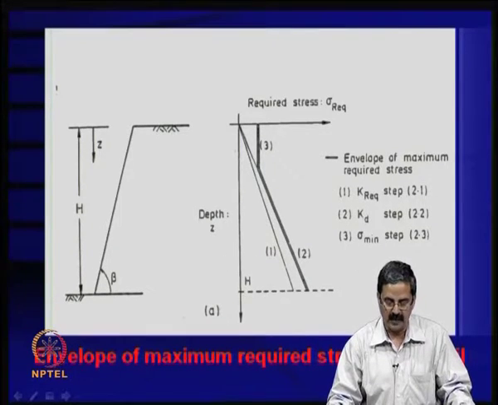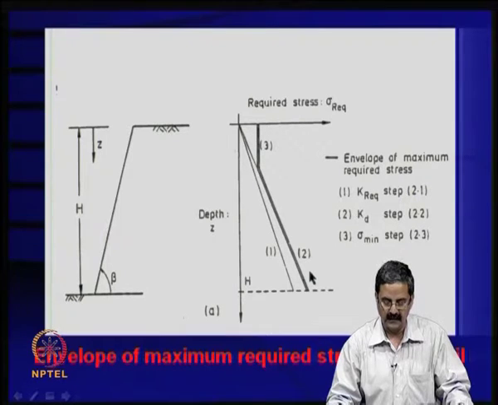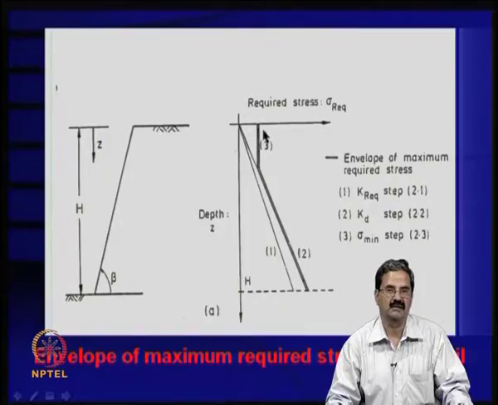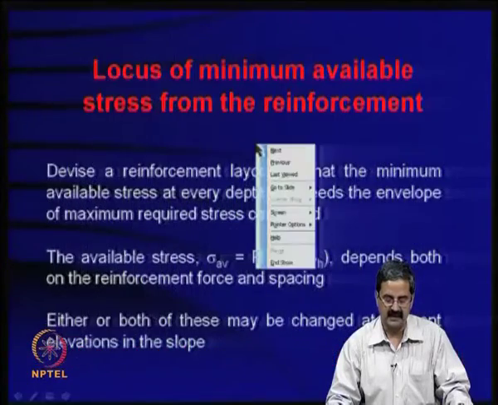So up to this point it is K_A into gamma h into S_V into S_H that will be the force, and as you come up, as the depth is less here, it should not go here, because you will have some stress because of the compaction. You should take that here and design for it.